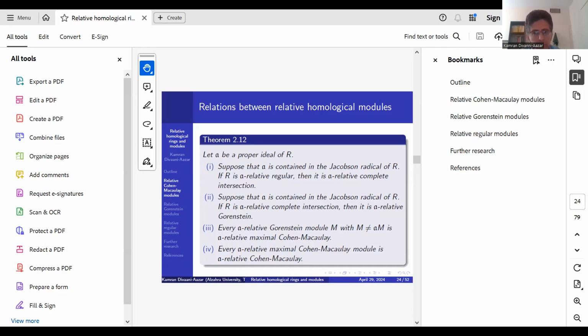So if these two are equal, then these two also have to be equal. So being relative maximal Cohen-Macaulay implies that M is a relative Cohen-Macaulay. This equality implies this equality.